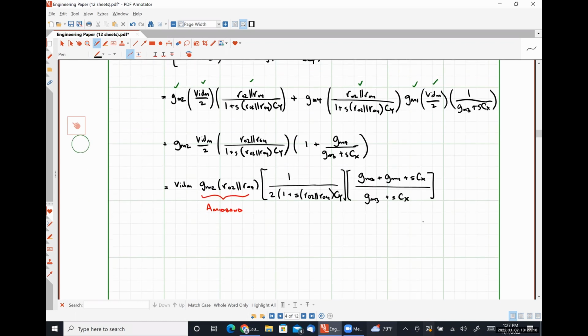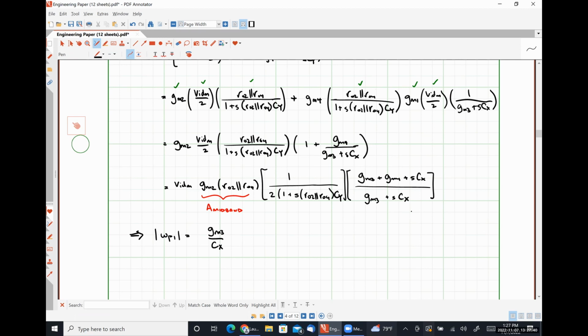From this, I can see that I'm going to have a pole. Let's say omega P1 is going to be at GM3 over CX. I'm looking at the second polynomial in my transfer function here.